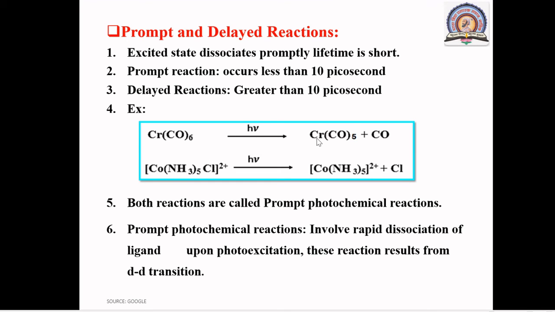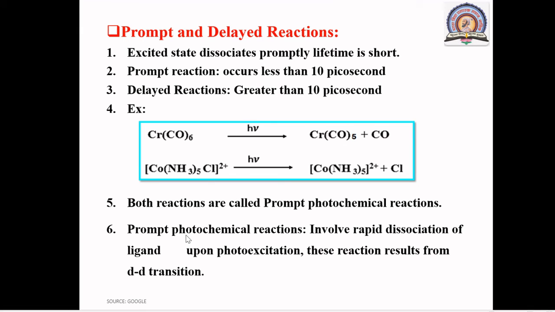This is an example with chromium complexes. Cr(CO)6 after hν gives Cr(CO)5 plus CO, while Co(NH3)5Cl2+ plus hν gives Co(NH3)5 2+ plus Cl. Both reactions are called prompt photochemical reactions, meaning these reactions occur in less than 10 picoseconds.